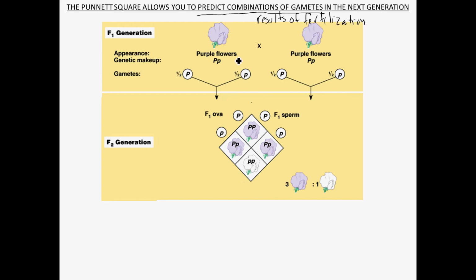So the components of a Punnett square, so let's do a monohybrid cross, and this is a monohybrid cross because we're looking at one character here, and that's flower color. So the character I'm looking at is flower color. And each of these flowers here is purple, and they are both heterozygous.